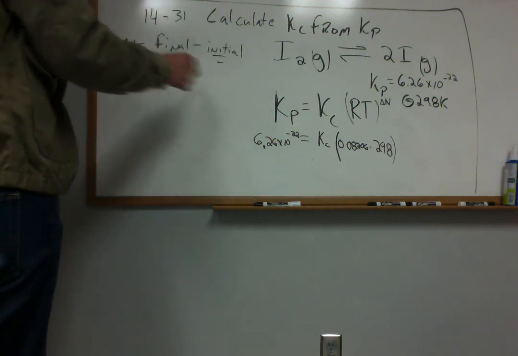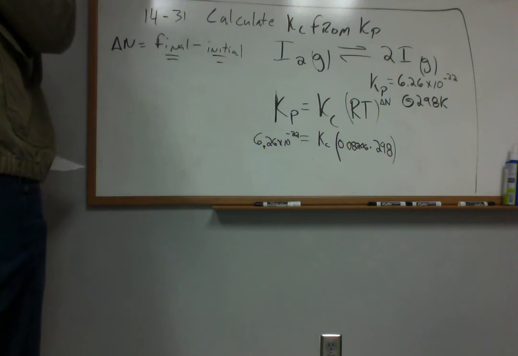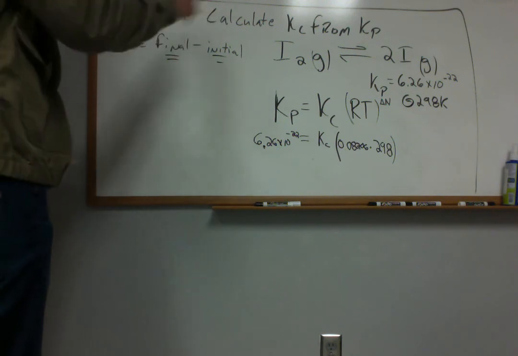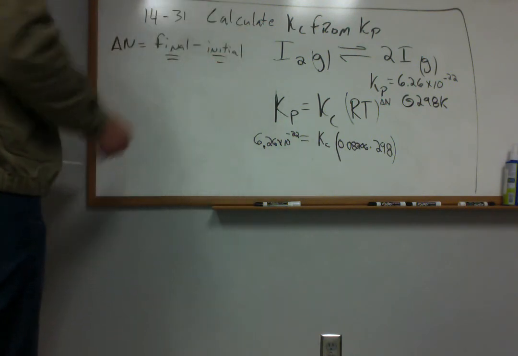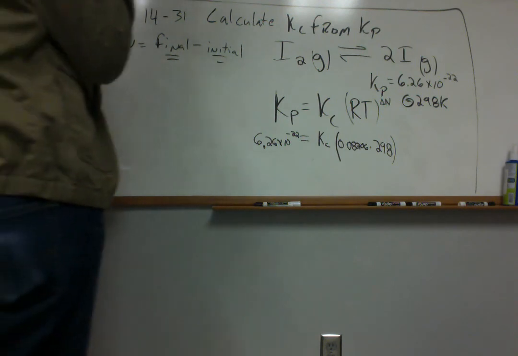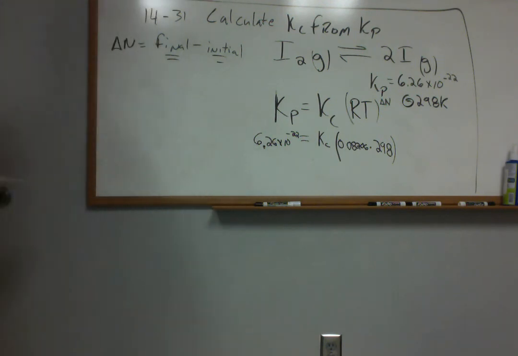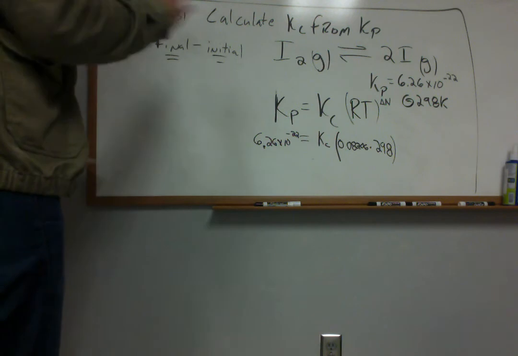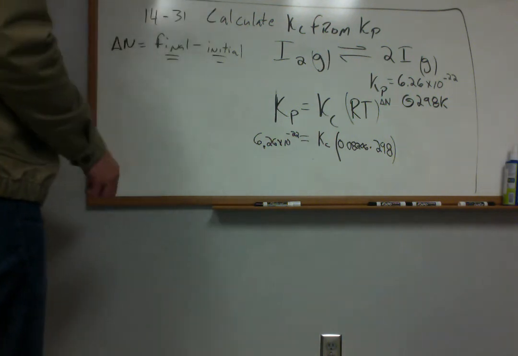And I remember this when I'm computing delta N because it helps me, okay? Sometimes it's confusing to figure out which number of moles go first, reactants or products, as we'll see. But if I remember final minus initial, that helps me a lot, all right? Now, what do I mean by this? Final minus initial, the change in the number of moles of gas over the course of a reaction.